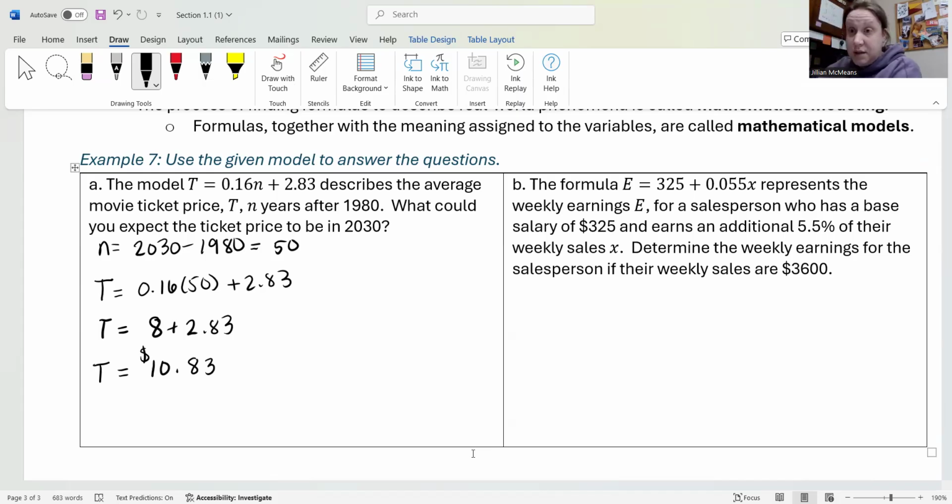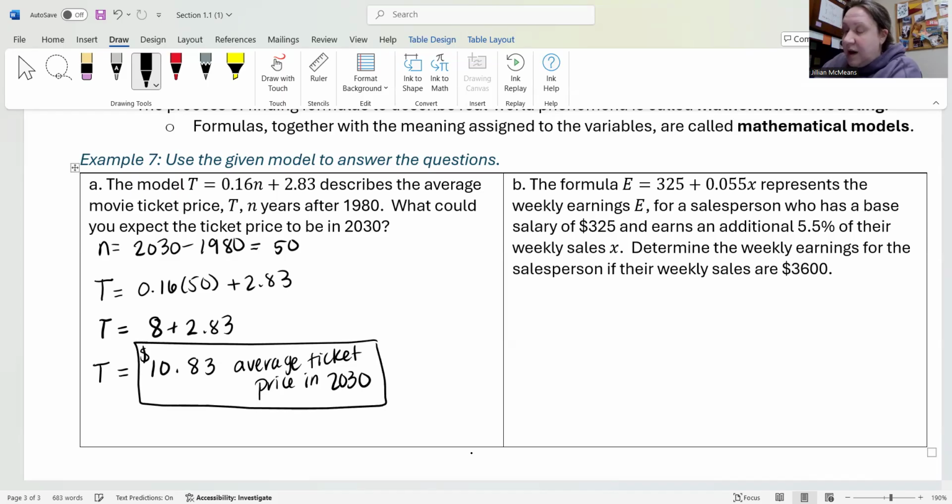But according to this model, with whatever data they looked at, they would predict that the ticket price in 2030 would be on average $10.83. So this is the average ticket price in 2030.